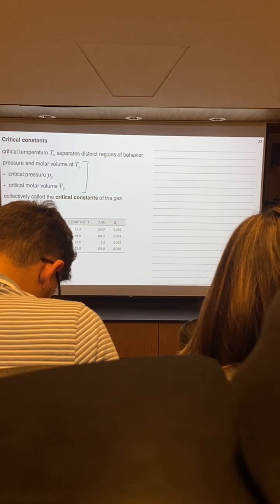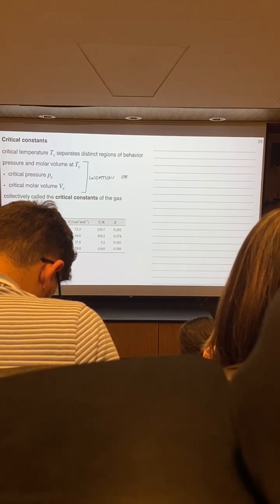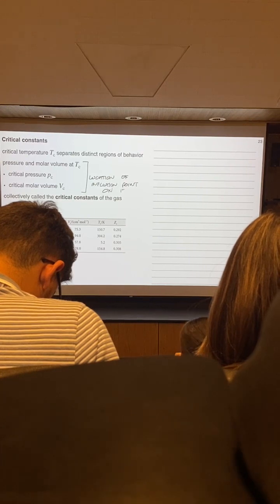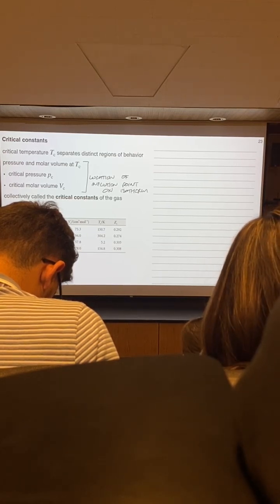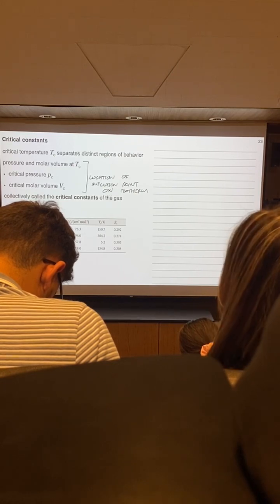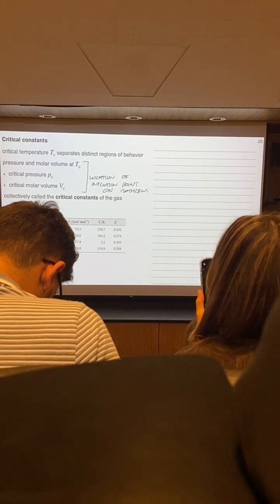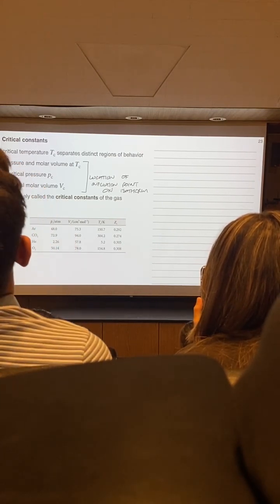So this basically is the location of the inflection point on the isotherm. So you only get that inflection point at the critical temperature. So collectively, TC, PC, and VC are going to be called the critical constants of the gas.